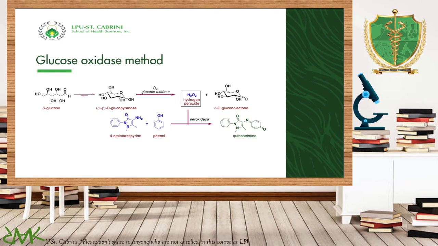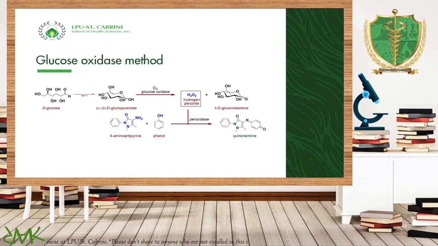In the presence of peroxidase enzyme, this hydrogen peroxide will react so that it will give us a quinoneimine, which is a dye for our glucose oxidase method. Now, the concentration of our glucose oxidase method is usually read at 546 nanometer. Folin-Wu is 420, Nelson-Somogyi 520, and glucose oxidase method is read at 546 nanometer.